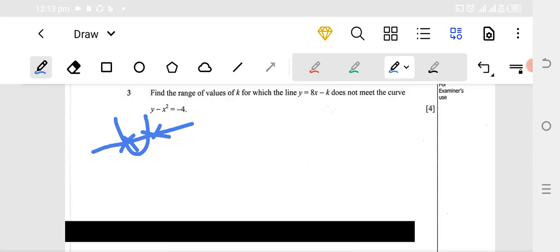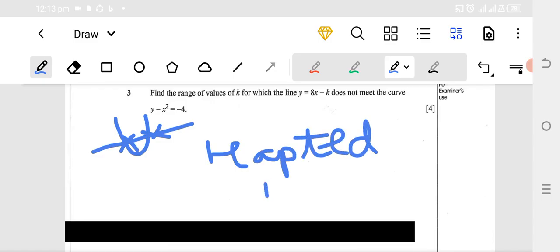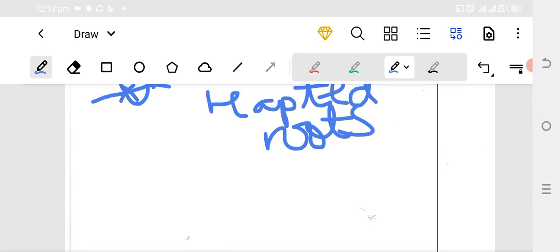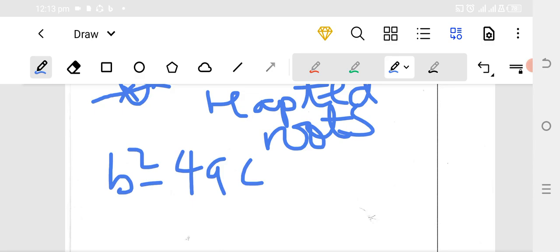This one is going to give repeated roots. So if they say repeated roots, or that a line is touching the curve at 2 points, they are simply trying to tell you that the discriminant, which is b squared minus 4ac, is actually greater than 0.